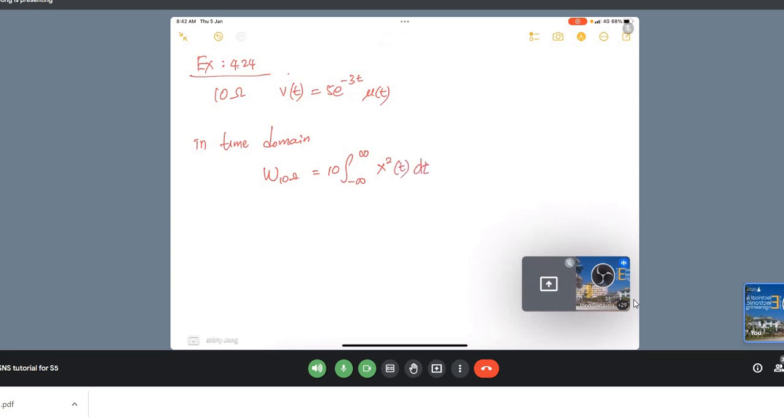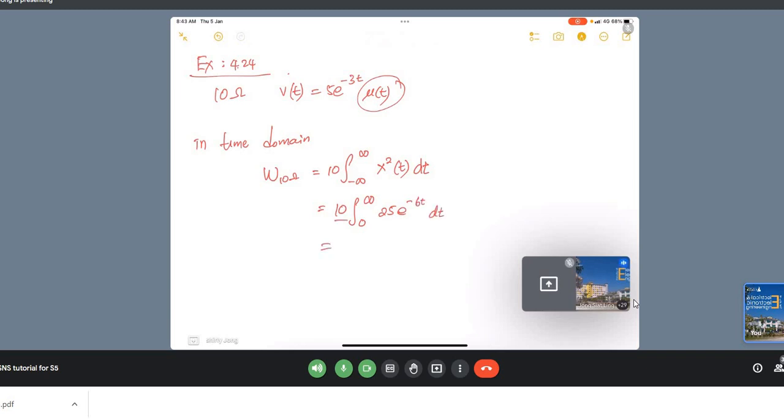You still remember I just told you that you can use the time domain. So 10 times the integral. Since it's u(t), the limit is from 0 to infinity. You have 5 squared, 5 times 5 is 25, e to the power of negative 3t squared, which is negative 6t, dt.